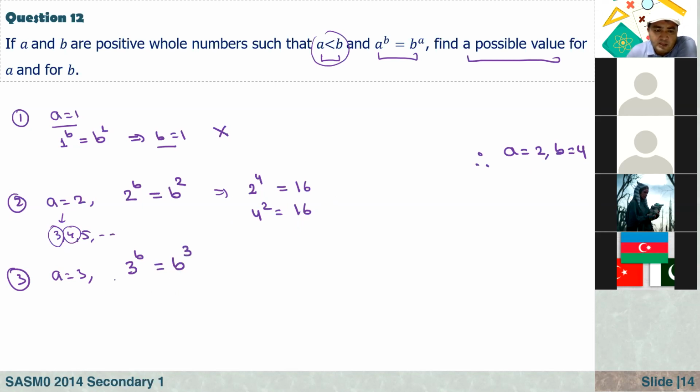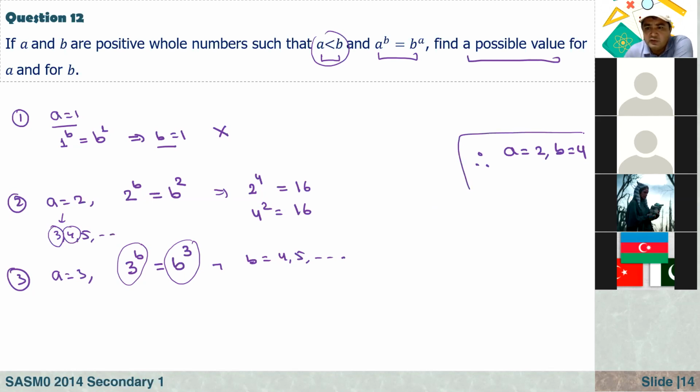And here we know that B is maybe 4, 5, 6, these numbers, right? It should be greater than 3. When B is greater than 3, 3 to the power of B is always greater than B to the power of 3. They are never equal to each other. That's why we have only one answer.